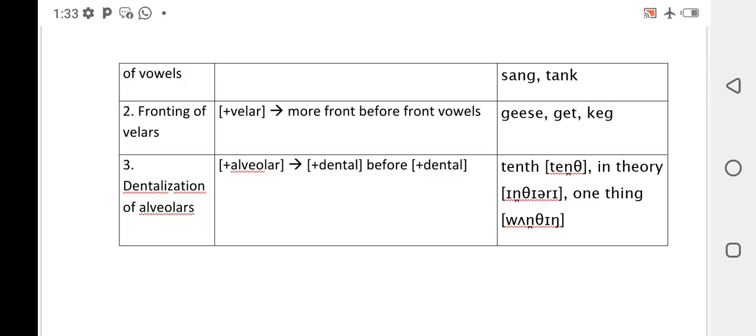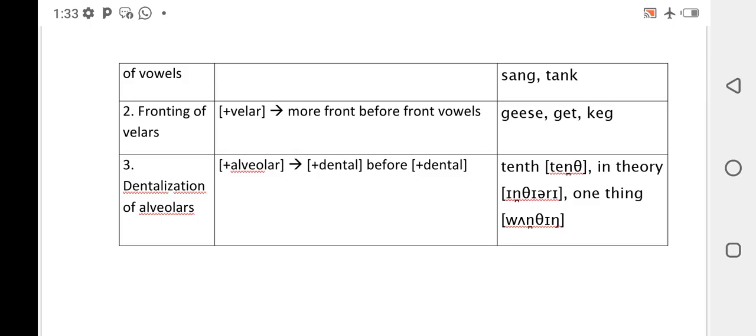Fronting of velars happens within the front back dimension. Those vowel sounds that are called front vowels, when they occur with velars, those velars are fronted. You know that velars are back sounds, but when they occur with front vowels, they become more front.